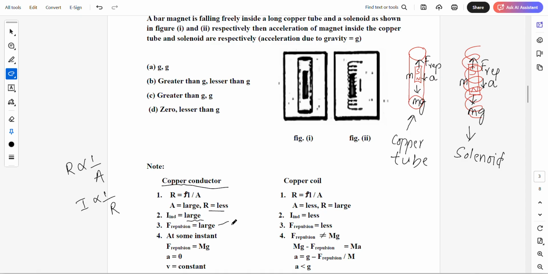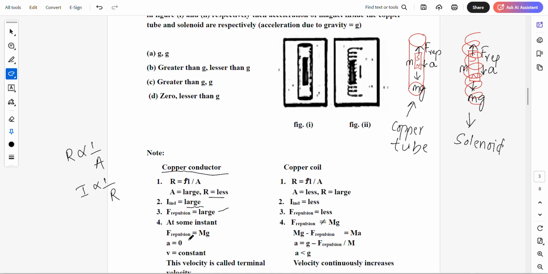Understood? Now, at some instant here, the repulsive force will be equal to mg. Once F repulsion becomes mg, what happens to A? A will be 0, because the driving force minus the opposing force is equal to mass into acceleration.